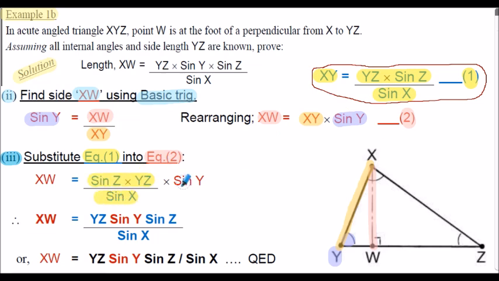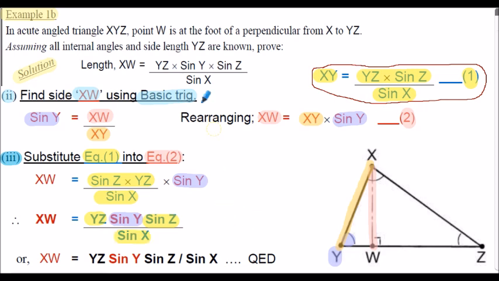And of course that's still multiplied by sine of angle y. What has happened on the next line is I've slightly reordered the numerator. I put side length yz in front of sine y, that's in front of sine z. So that's just a reorganization, essentially alphabetically.